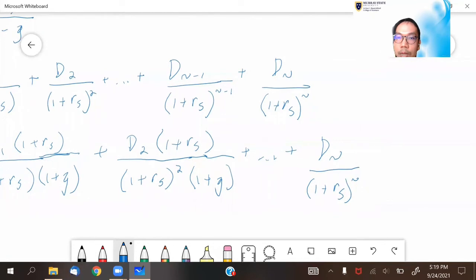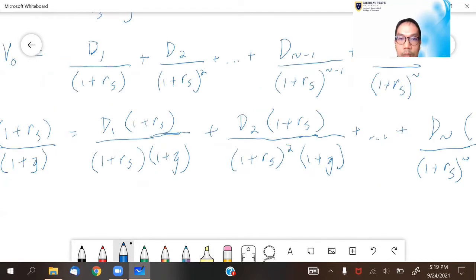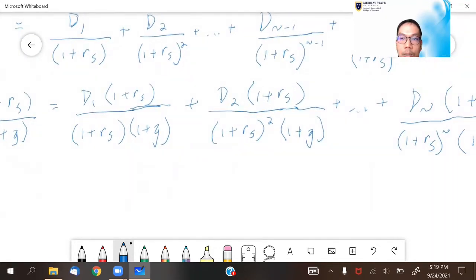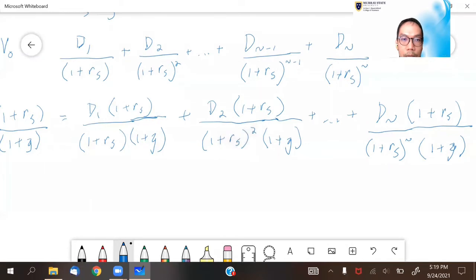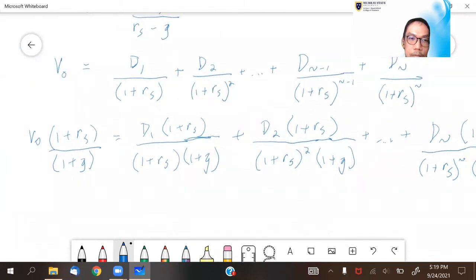Okay, now we multiply it with 1 plus RS, 1 plus growth. Okay, so with this information, you can imagine that you will cancel out what?